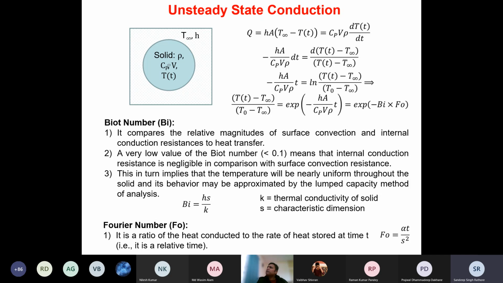Now this solid metal ball I have suddenly put into another environment, let's say from air into water which has a temperature of, let's say, 100 degrees Celsius. If I put this solid directly into 100 degrees Celsius water, what will happen?